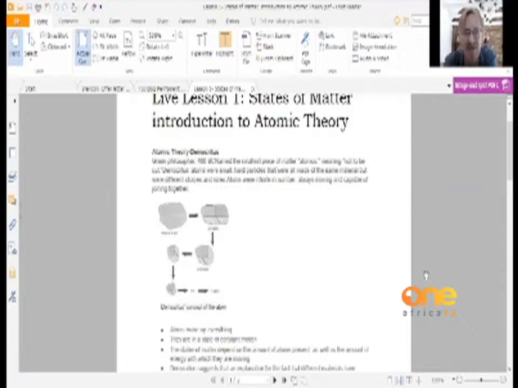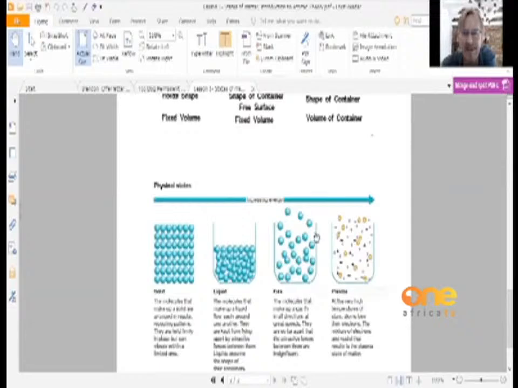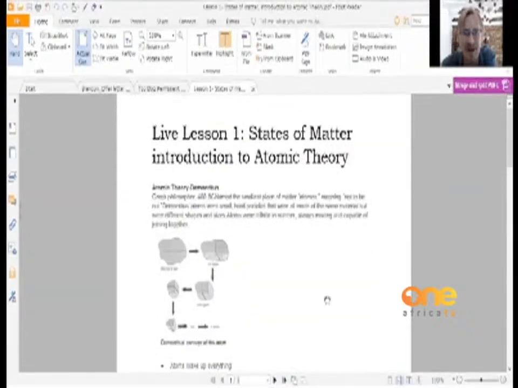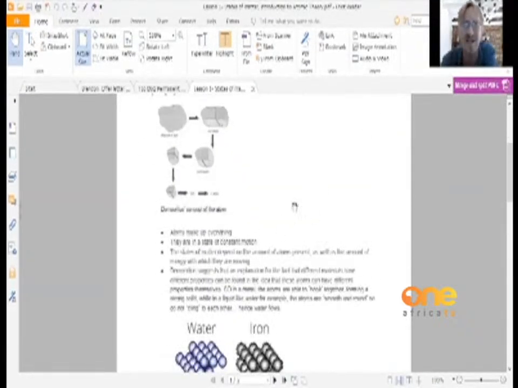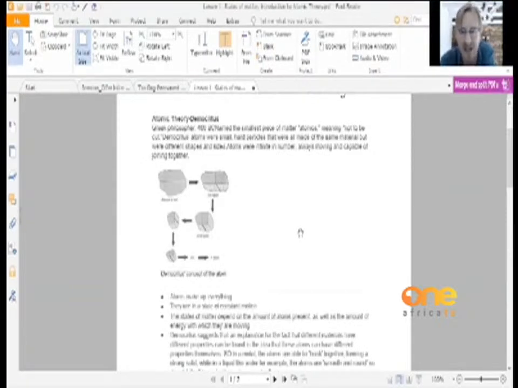All right. So 400 BC, this was the Greek philosopher Democritus. My apologies to Democritus. I meant to include a photograph of images of him so that you'd be able to picture what this philosopher looked like. So maybe a little bit of homework for you guys later. Do a Google search on Democritus.